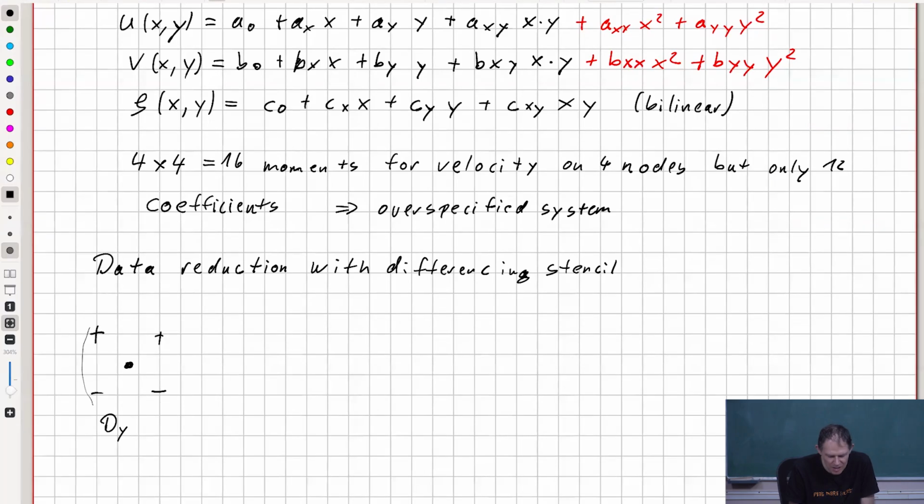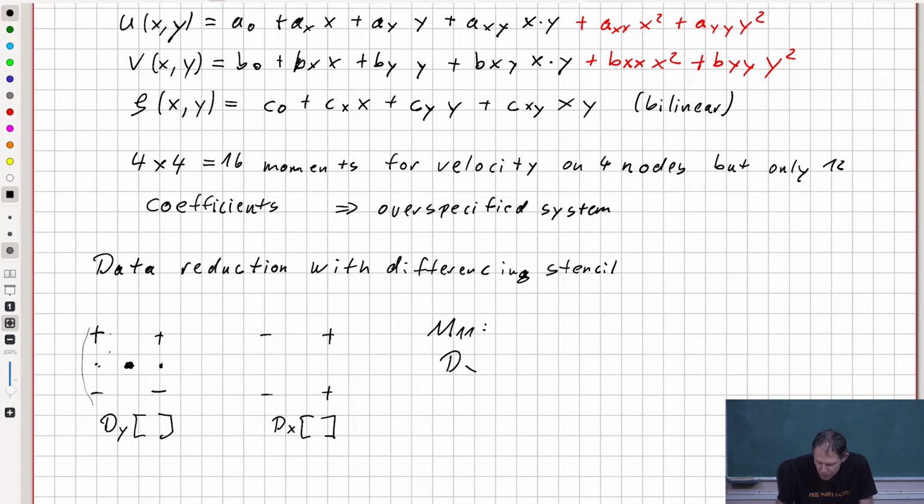Now this here would be a normal finite difference stencil for a point here, and the other one would be a normal finite difference stencil for this point here. When we take the average of the 2, we have an approximation of the finite difference in the center. Then we call this the dy of something, and we also have the dx of something.